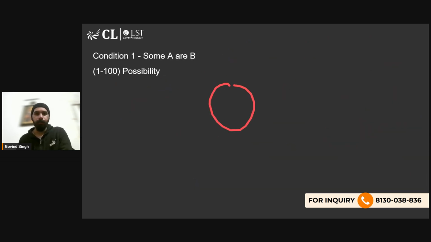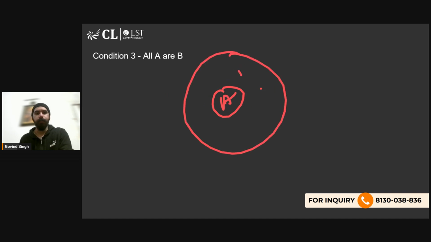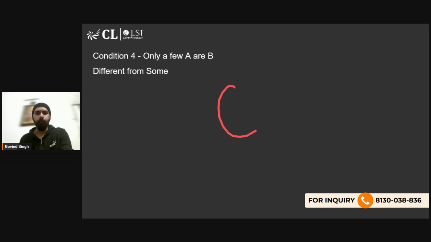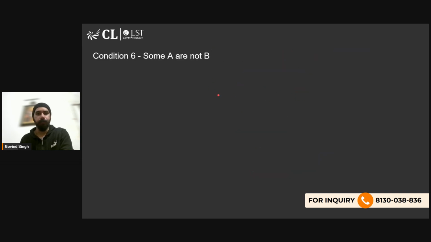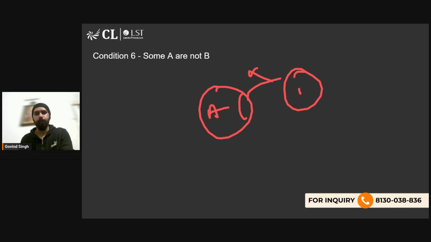You have some A or B like this, then you have no A or B like this, then you have all A or B like this, then you have only a few A or B like this, then you have only A or B which gets converted to all B or A with a condition which you draw like this, all B or A, and then there is some A or not B like this.